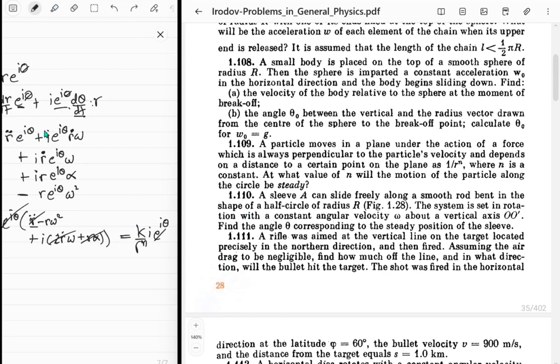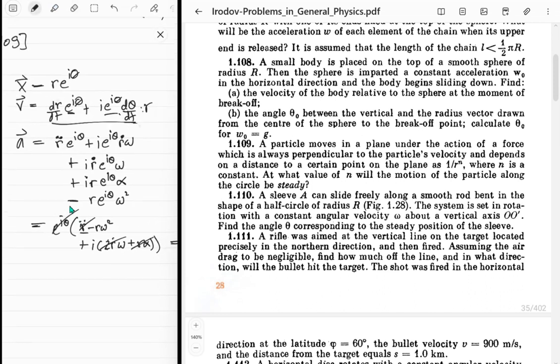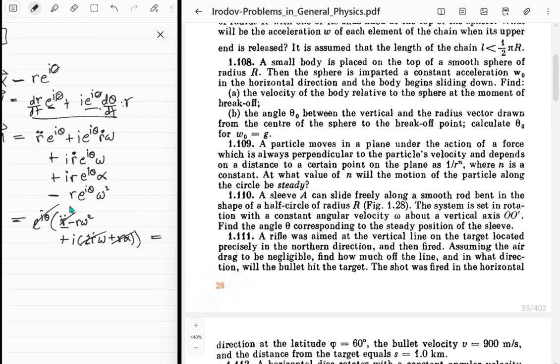Oh, it's supposed to be perpendicular to velocity. Sorry, this is not correct. Velocity is not this, it's this thing. So it should be iota times all of this, except the negative e^{iθ}. Cancel that. So this will just be r dot. Well, that's gone. R dot is not there anymore.